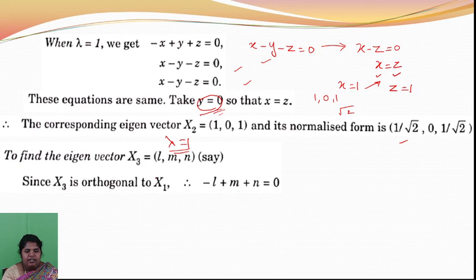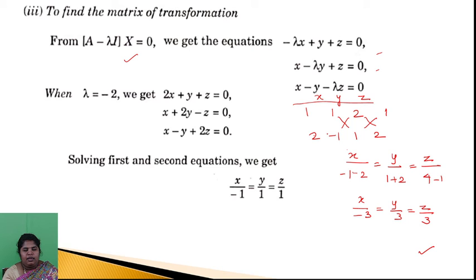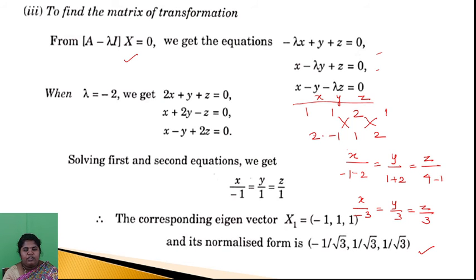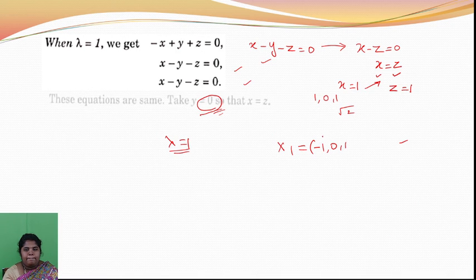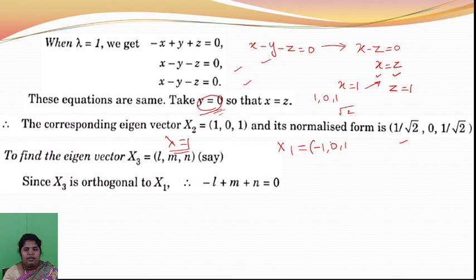Since x3 is orthogonal to x1, and the x1 value is minus 1, 1 and 1.